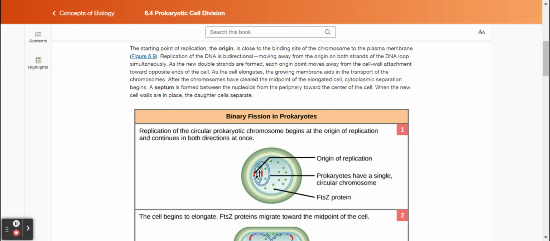As the cell elongates, the growing membrane aids in the transport of the chromosomes. After the chromosomes have cleared the midpoint of the elongated cell, cytoplasmic separation begins. A septum is formed between the nucleoids from the periphery toward the center of the cell. When the new cell walls are in place, the daughter cells separate.